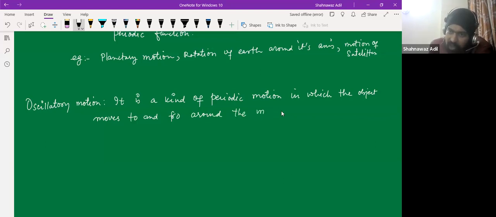So this part is very important, right? Around the mean position. This mean position is very important. So this is called the oscillatory motion.